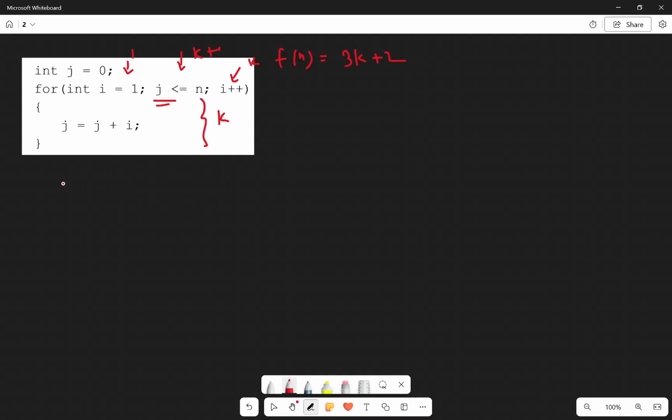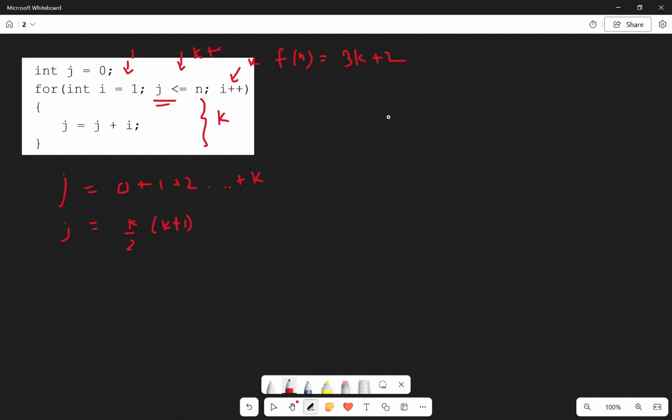And after k iterations, I can say j equals 0 plus 1 plus 2, and it goes up until k. So there are k number of values here. So I can say j is equal to k divided by 2 times k plus 1. So the summation can be simplified into this expression.